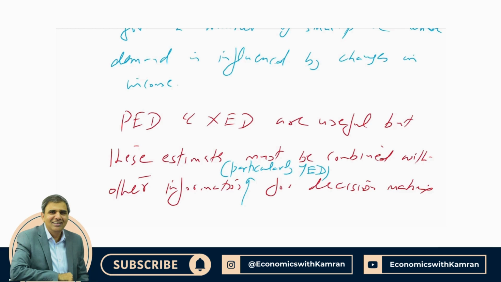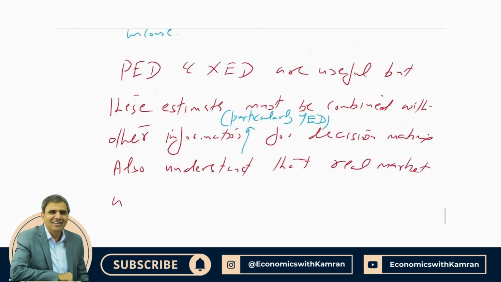So it's a dynamic market. PED and XED are static numbers. They are not dynamic numbers, but things are changing rapidly. So when you make a decision, look at PED and XED, they are useful numbers, but also understand that the market is not static and it is dynamic. And this is the last line. The firm should also understand that the real market is dynamic and not static like PED and XED.